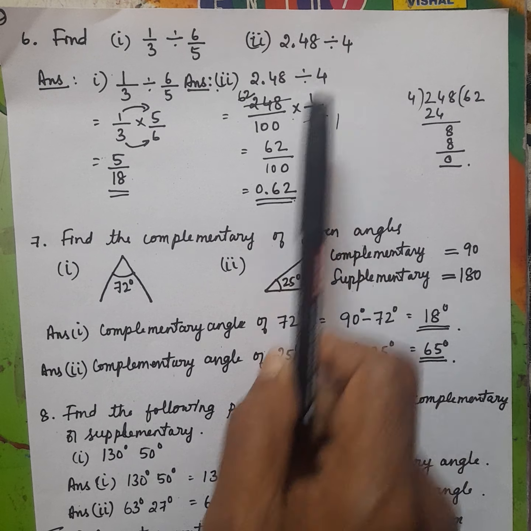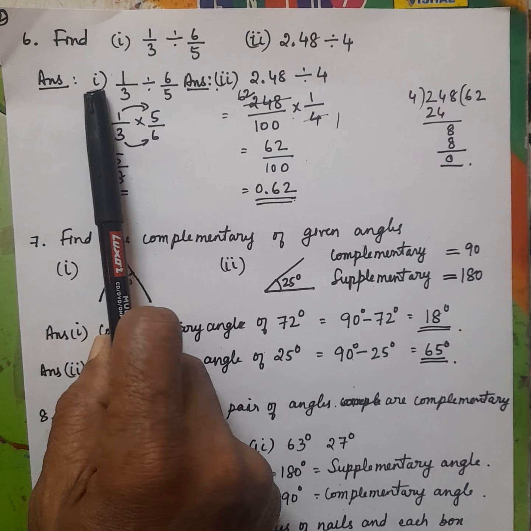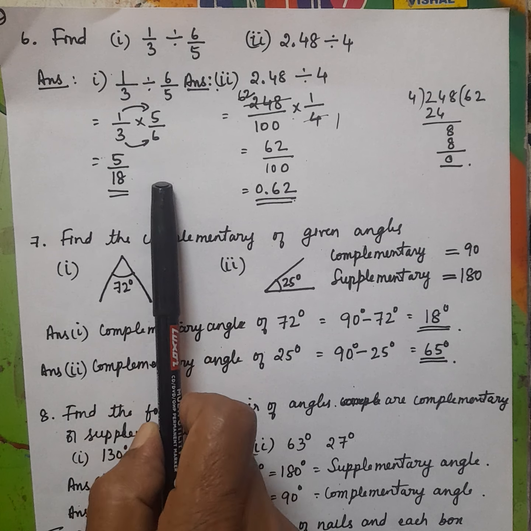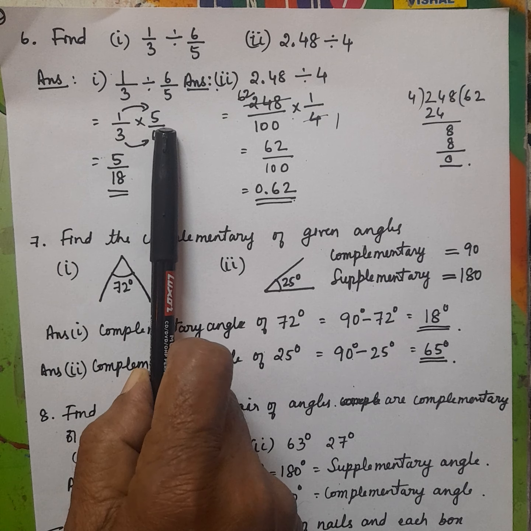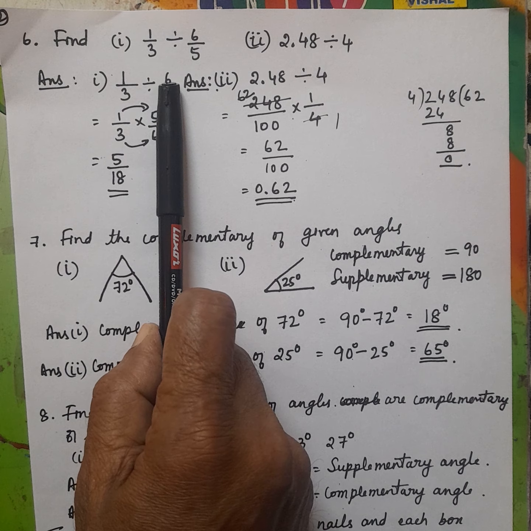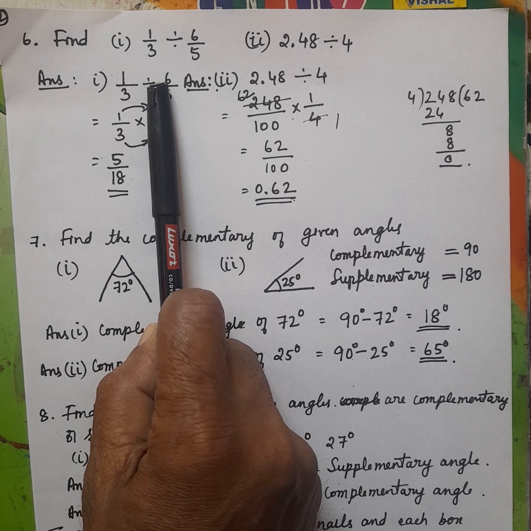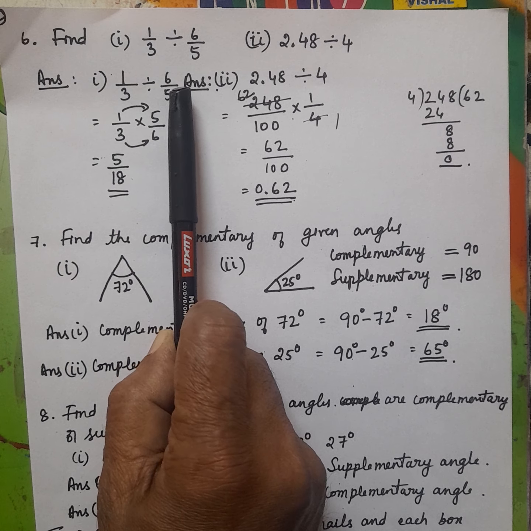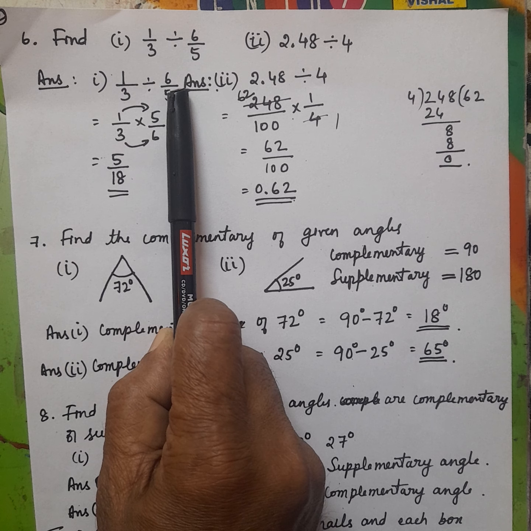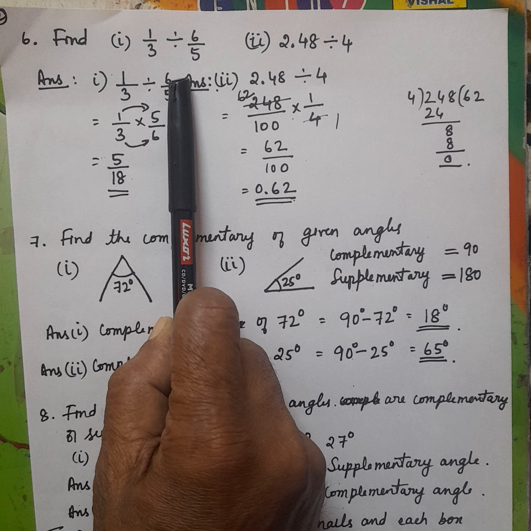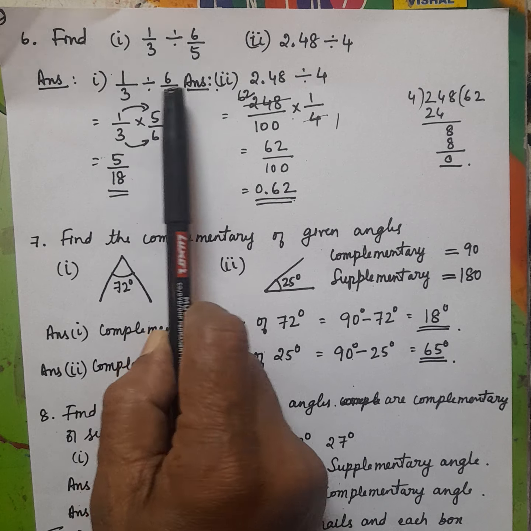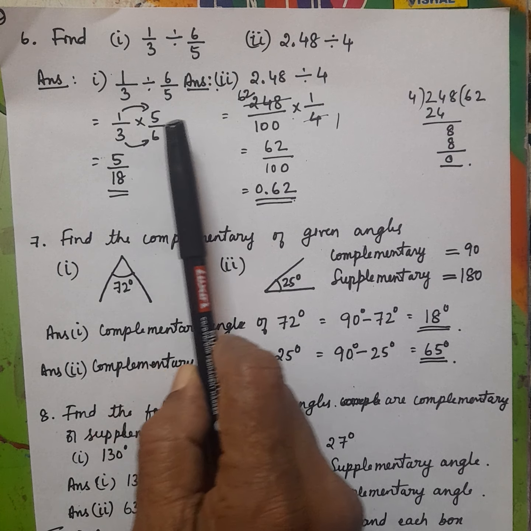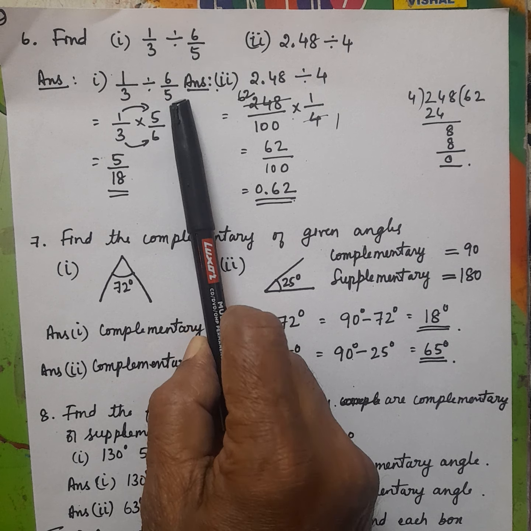Find, in that sub question 1, 1 by 3 divided by 6 by 5, and number 2 is 2.48 divided by 4. Now let's solve the first question. Take it as it is, 1 by 3 divided by 6 by 5. As you know, when a division becomes multiplication, it will become the reciprocal.